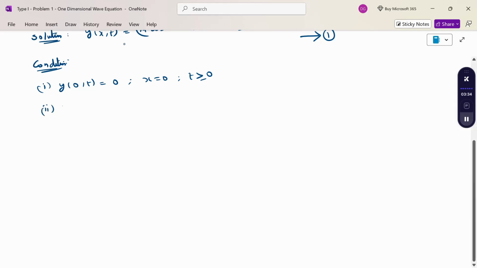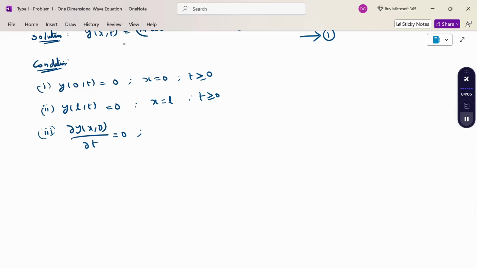Then the second: y(L,t) = 0, at the other end x = L. Then the third condition is the velocity. In this problem, we have zero initial velocity, therefore dou y of (x,0) by dou t equals 0.